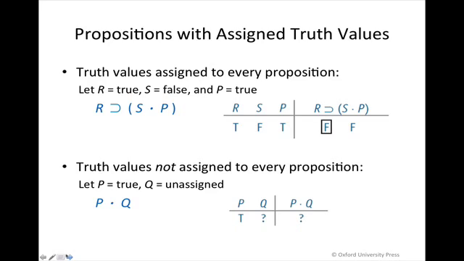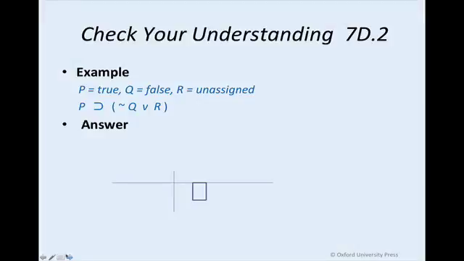Because for this particular sentence, there's one and only one way for the sentence to be true, whereas there are three ways for the sentence to be false. So absent having an idea of what Q is, there's no way for you to determine the value of the dot sentence or the conjunction. All right, let's go ahead and practice this ourselves, and then we'll check and see whether or not we've got it right.